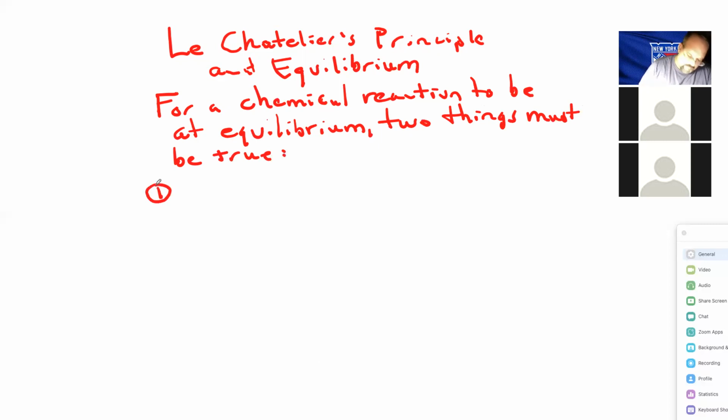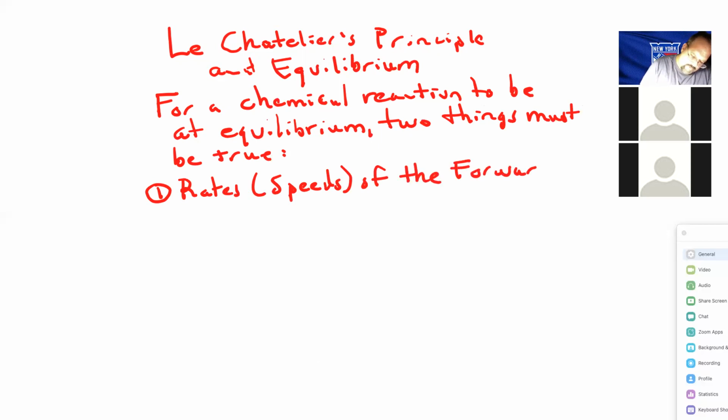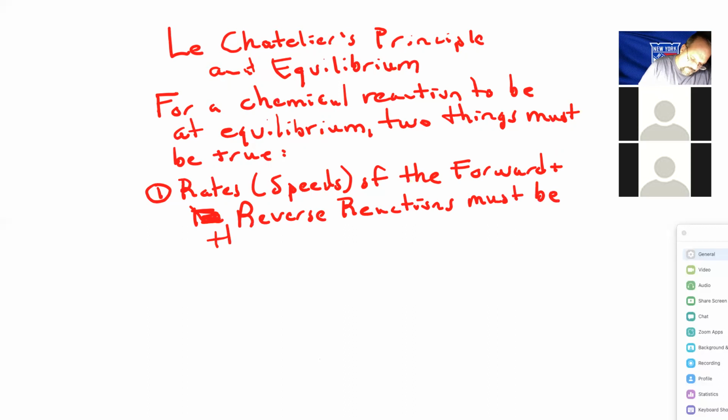The first is that the rates, or the speeds, of what are known as the forward and reverse reactions must be the same.